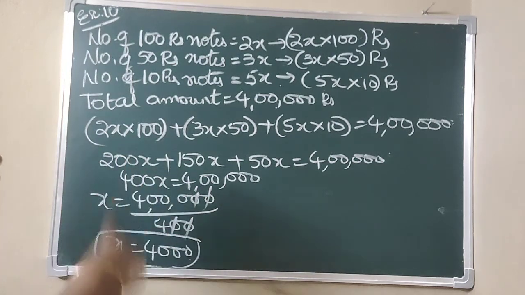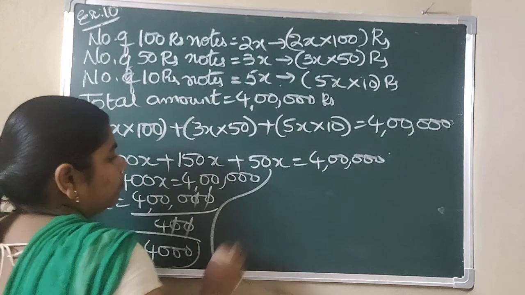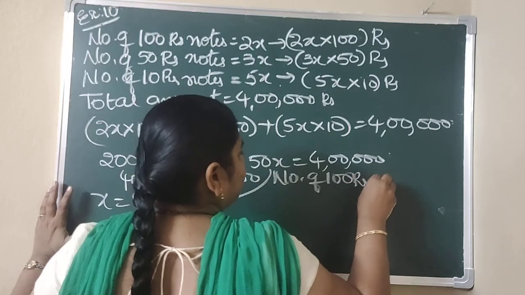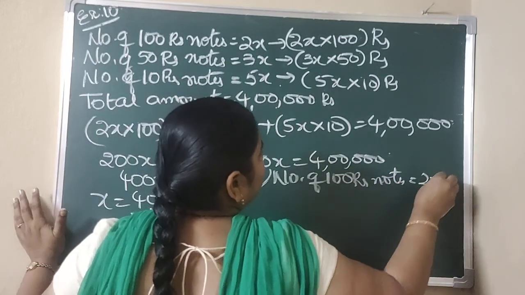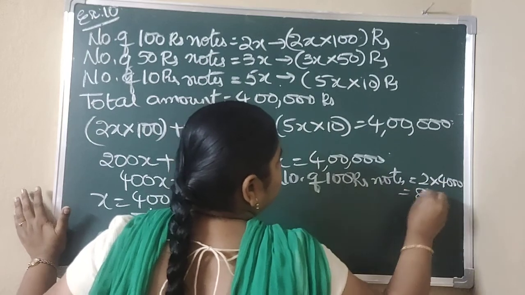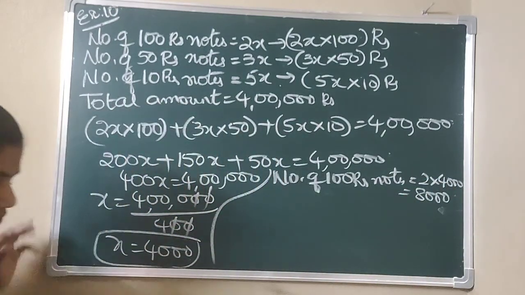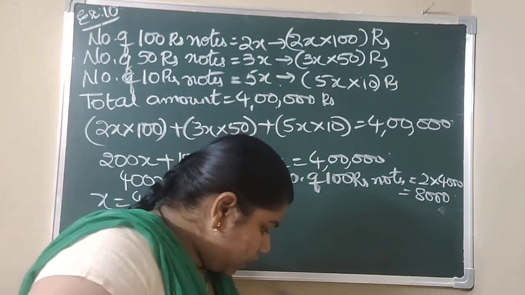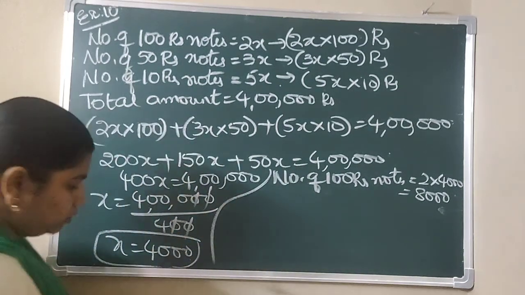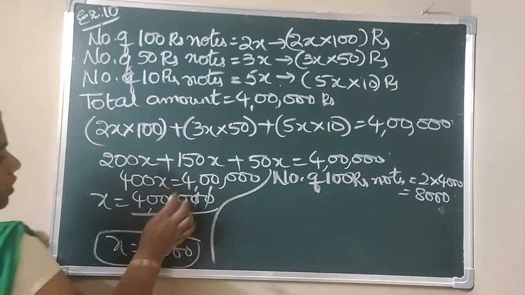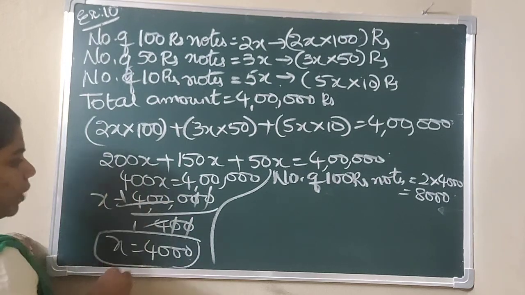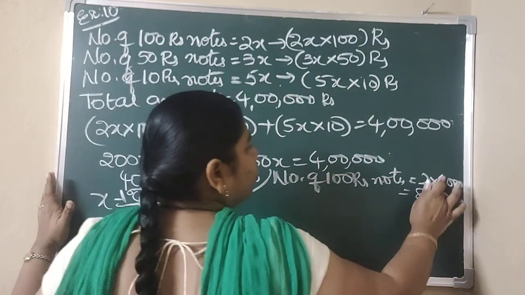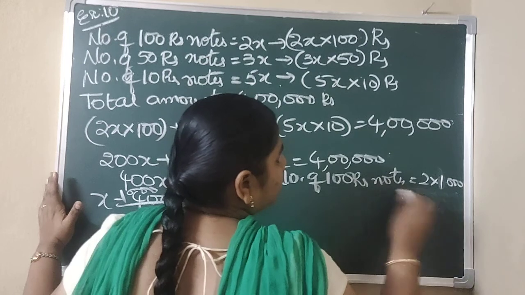So here the x value we got as 1000. So 2 into 1000 will be equal to 2000.